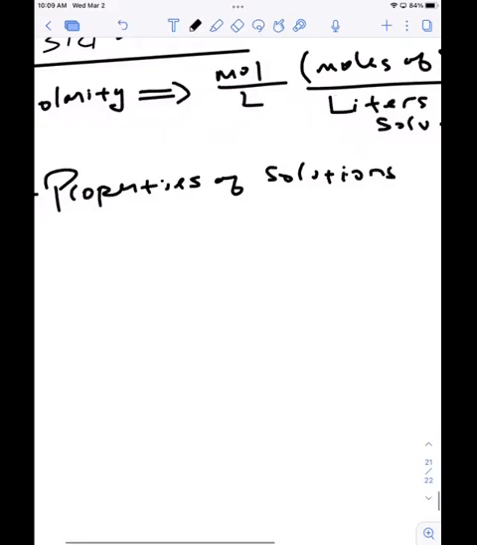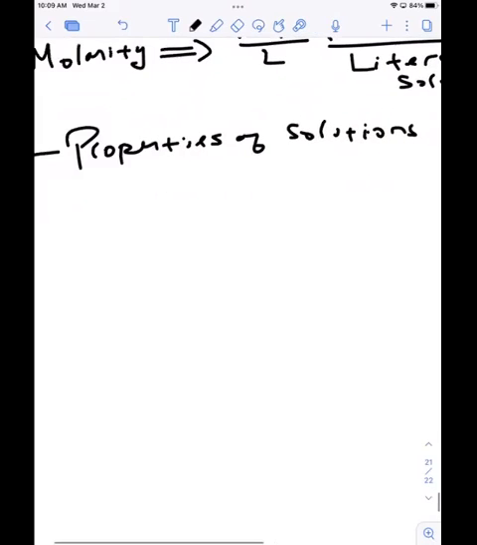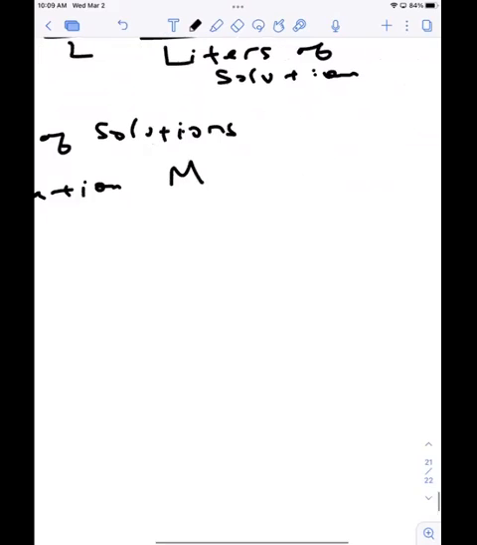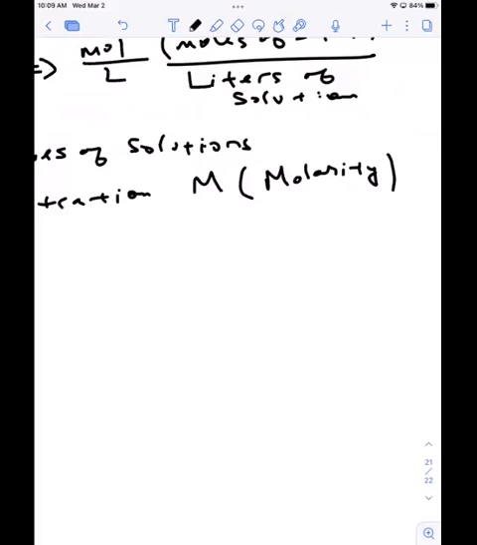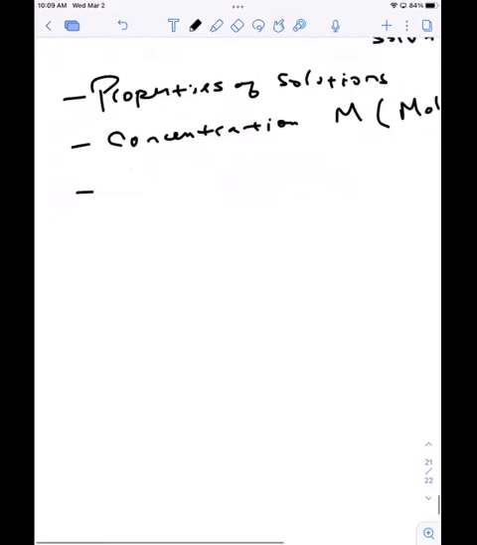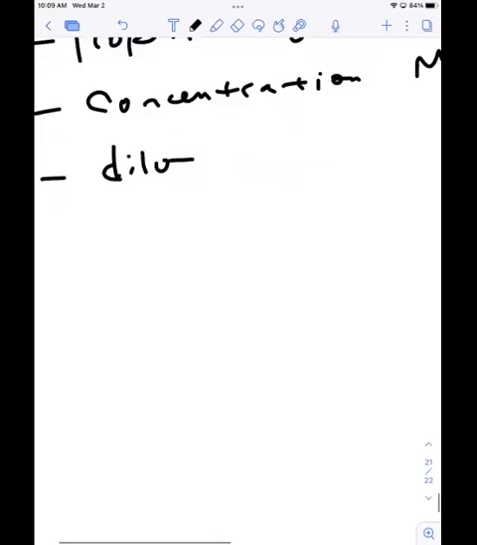All right. We're going to talk about concentration, which is going to be represented by uppercase M for molarity. And then we're also going to talk about dilution. You probably have seen this.